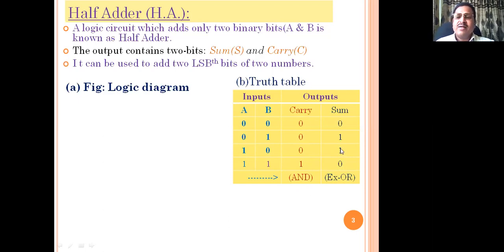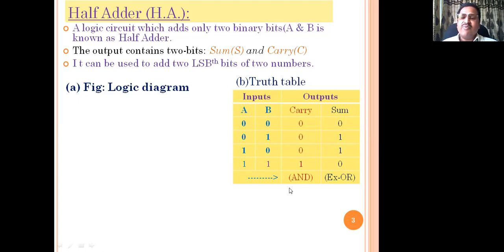Whereas to get the sum output, let's see here, if inputs A B are 0 0, output 0, for 0 1, it is 1. For 1 0, it is 1. But for 1 1, it is 0. So here, for the 4 possible combinations of A and B, this output is possible by using a logic gate that is known to you, the 2 input XOR gate.